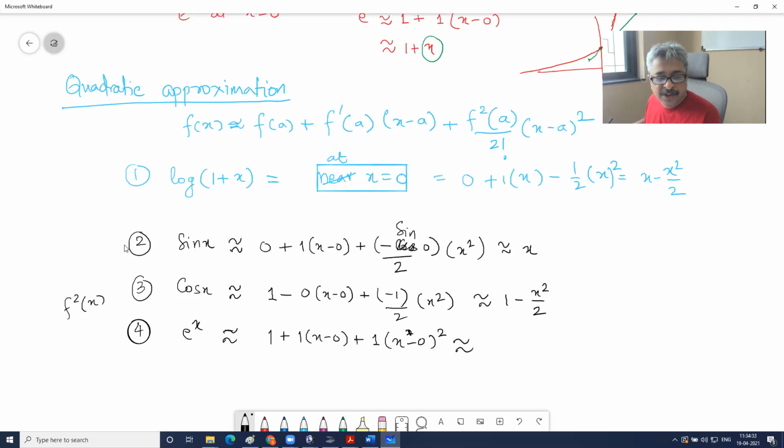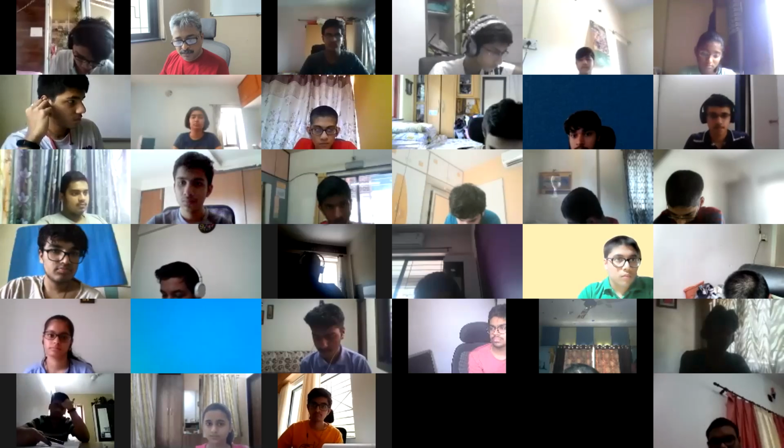So approximately e raised to x is 1 plus x plus x square by 2. Okay, so these are the approximate values of the functions in terms of x near 0. So I stop share. You can start share now.